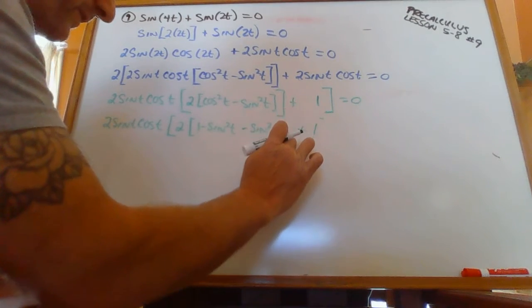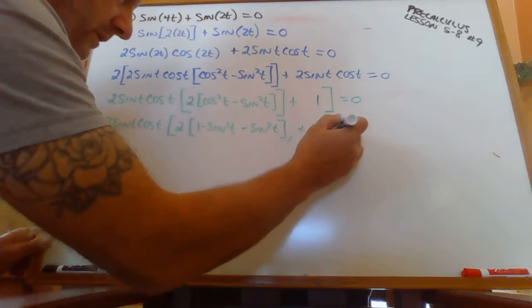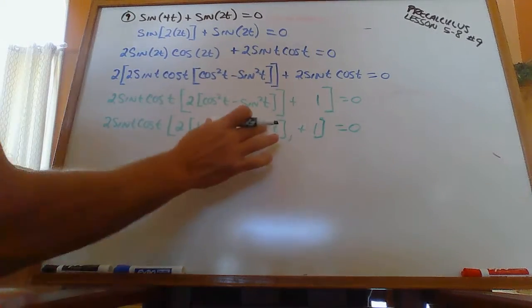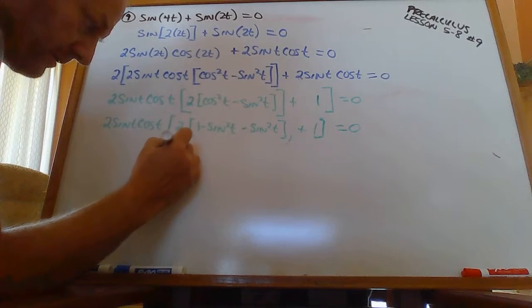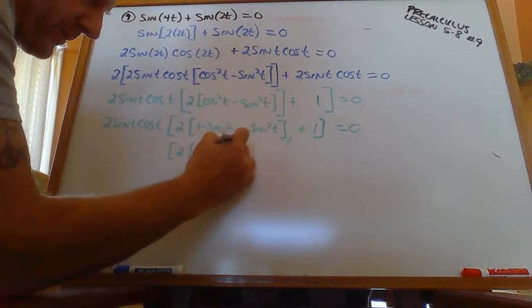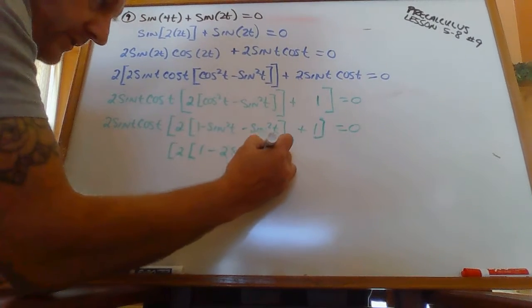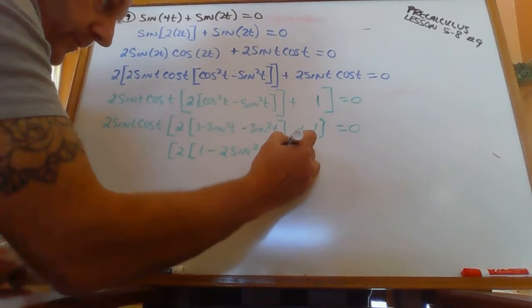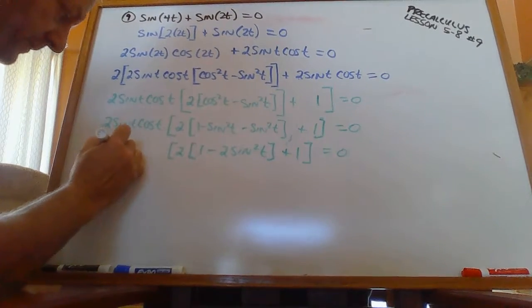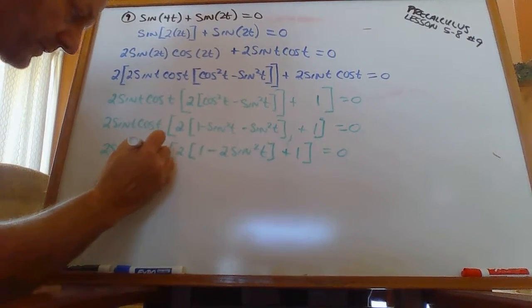Got too many parentheses in here. Now I can combine my like terms here. So this is 1 minus 2 sine squared t. And of course I bring down my 2 sine t cosine t right here.